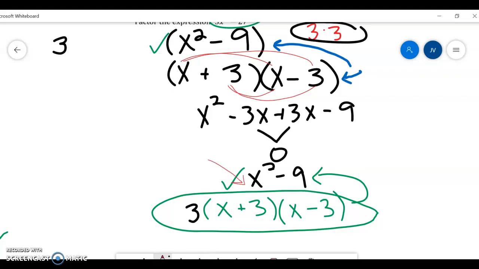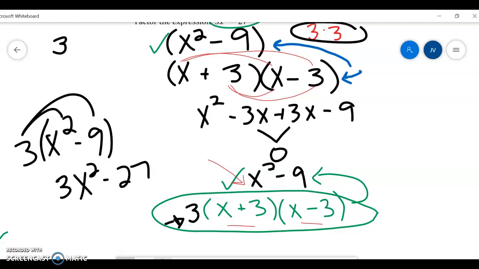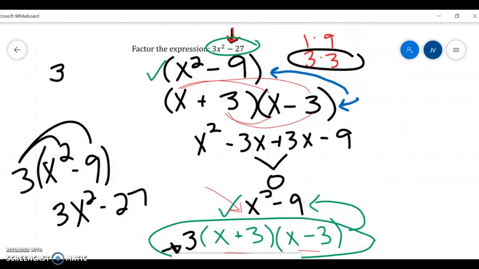This factor right here is what happens when we multiply these two out. So let's take that over to the side. X squared minus 9 is what we got when we add this 3 in front. If we distribute that, we get 3x squared minus 27, which is our original expression that we've been trying to factor.